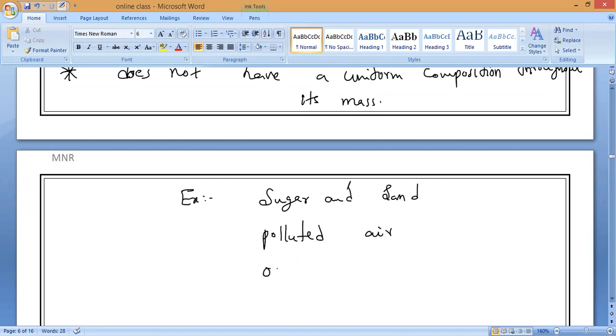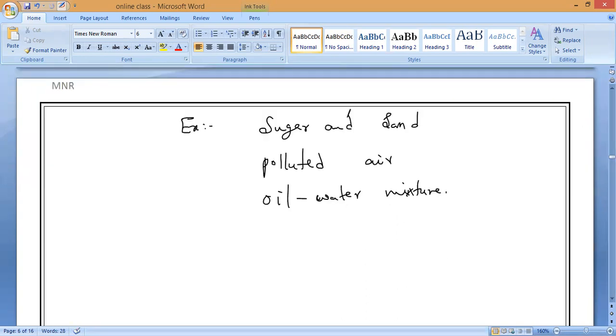Next, oil and water mixture. These all are examples of heterogeneous mixtures. Only some parts of this mixture will have more of one kind of composition, and other parts are different.